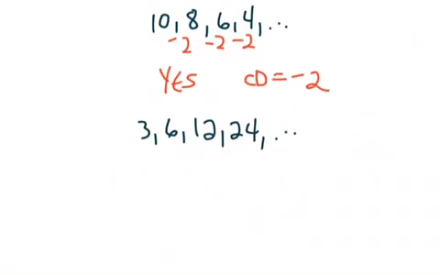Next one, we're going from 3 to 6 to 12 to 24, so what we're doing is multiply by 2, multiply by 2, multiply by 2. Therefore, this is not an arithmetic sequence, and there's no common difference, so we would just write the word no.